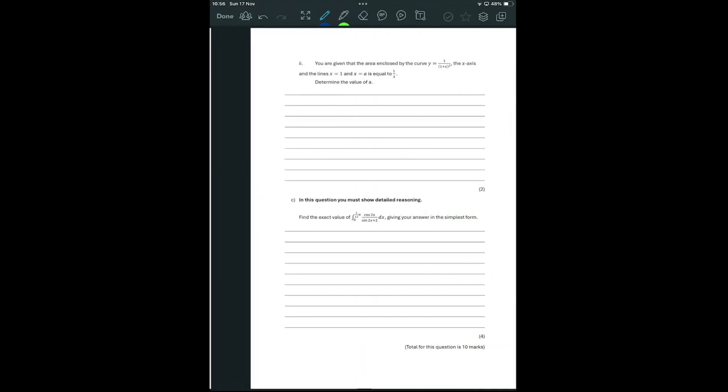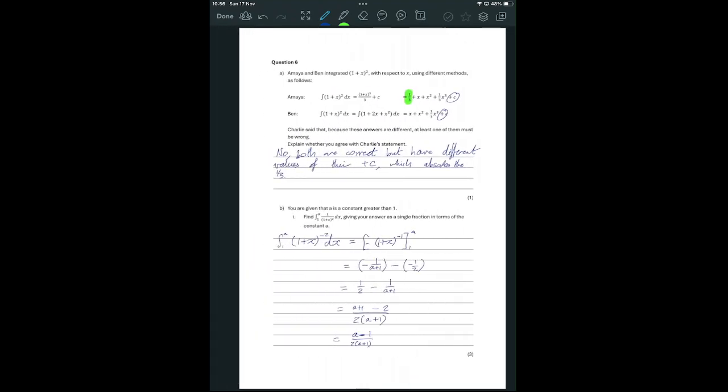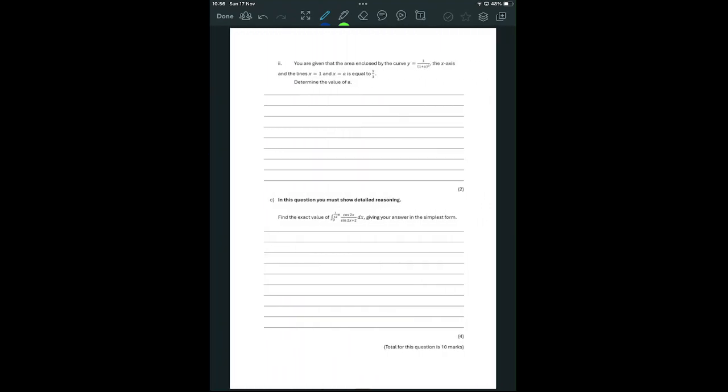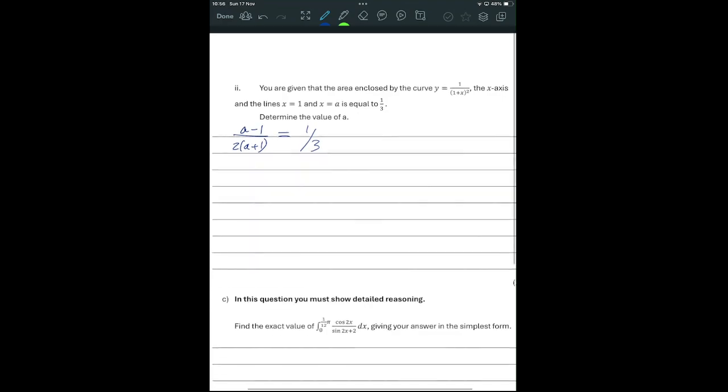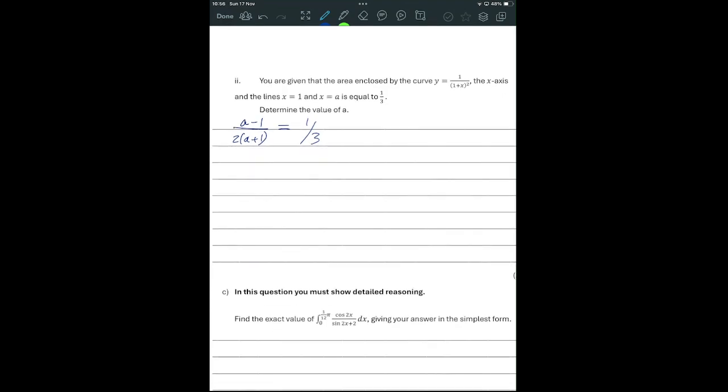Next part. We're given the area between 1 and a is equal to 1/3. Well, that's exactly what we've done in part B. We found the area between a and 1. So that a minus 1 over 2a plus 1 is, the area is that 1/3. Find a.